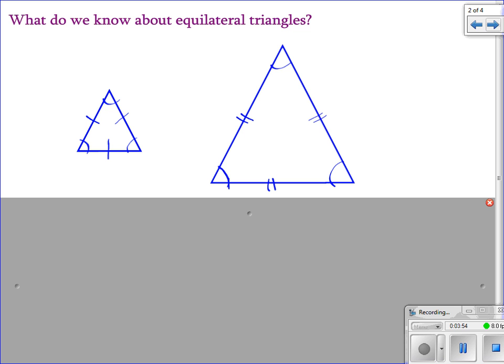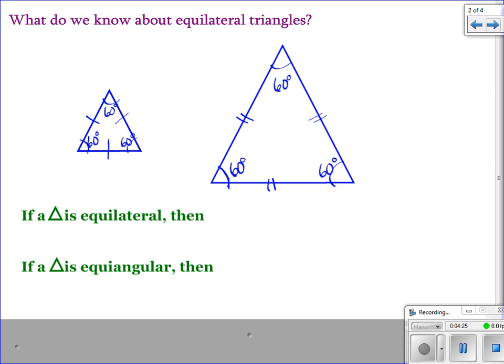How did you know they were 60? They all add up to 180, and if you divide 180 by 3, it equally splits up into 60 degrees. So if you know it's equilateral, no matter what size the triangle is, the angles are always 60 degrees. I'm going to assume you know that for the test.